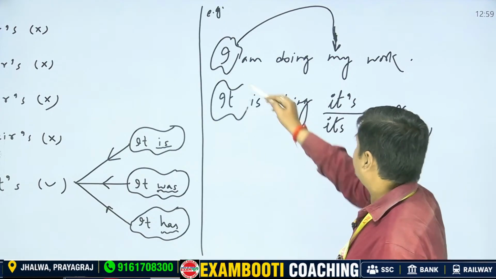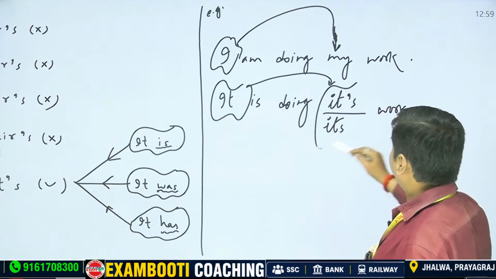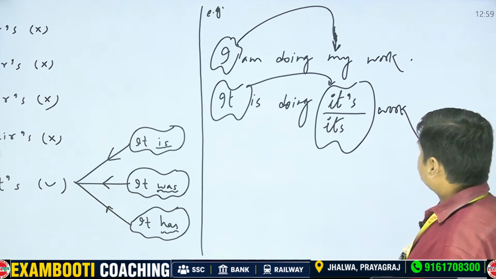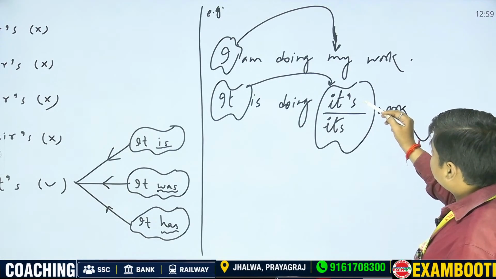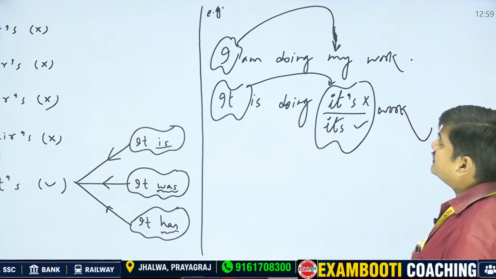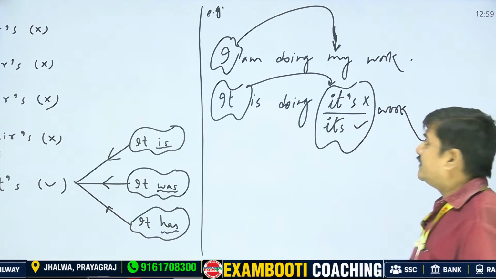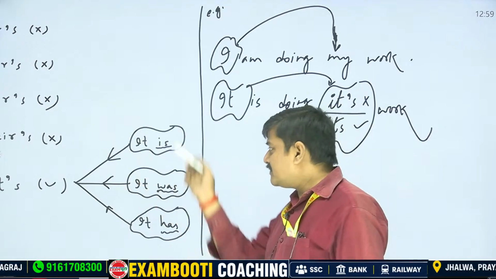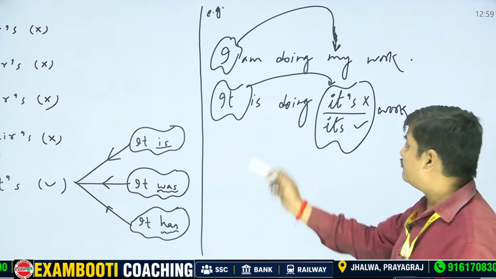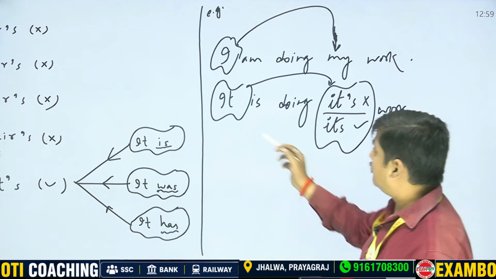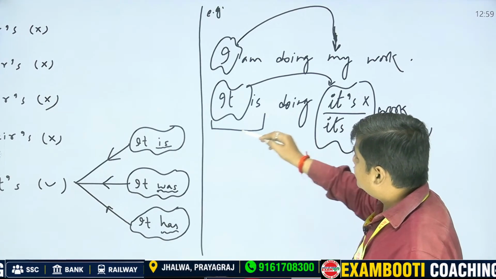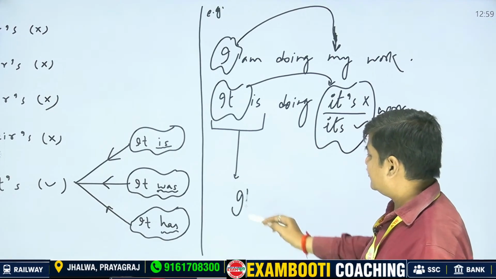Similarly, it is doing, or it's, which one? If you choose this one, it will be incorrect. This is the correct one because its here doesn't mean it is or it has. That is not possible, but you can write this one in short version.